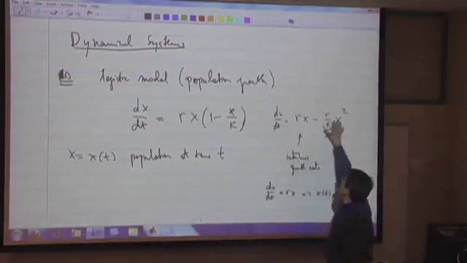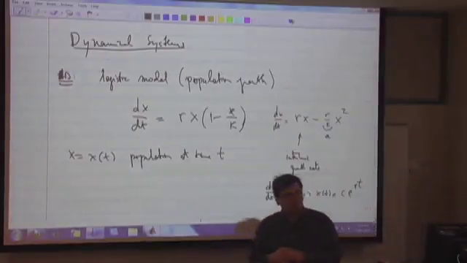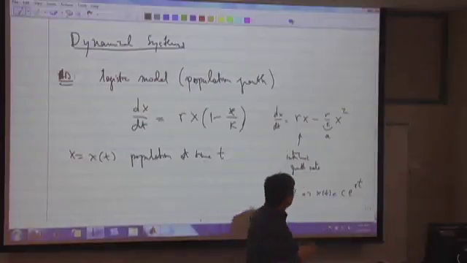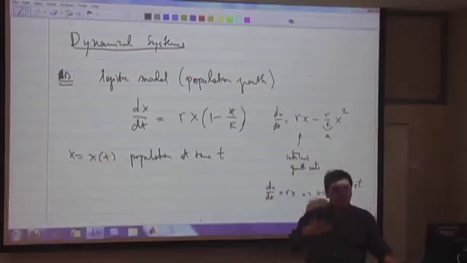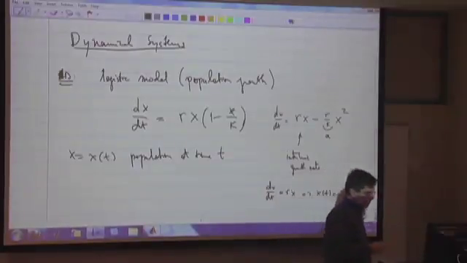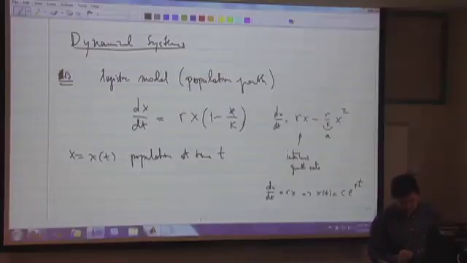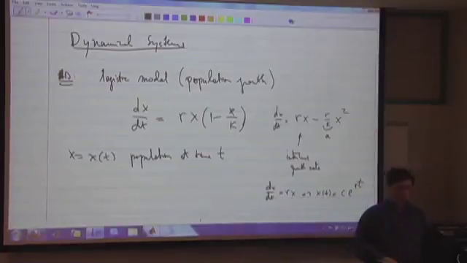So the growth rate is decreased at a rate proportional to the square of the population size. Again, the higher the population, the bigger the negative effect on the growth. Again, this is not the only model, and we'll see others, but this is considered the next simplest after exponential growth. So this would be just the exponential model.